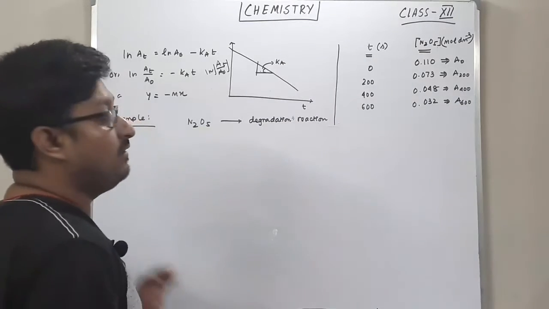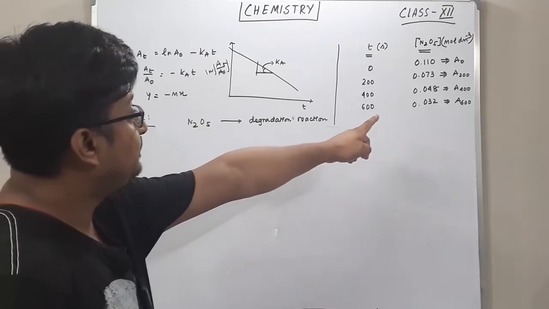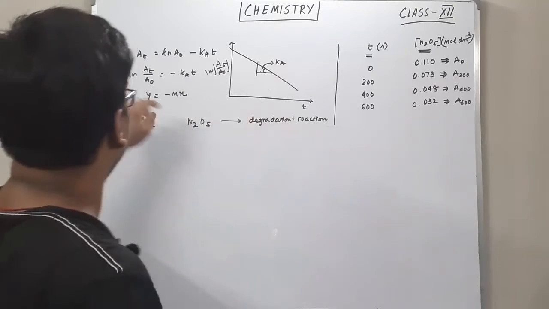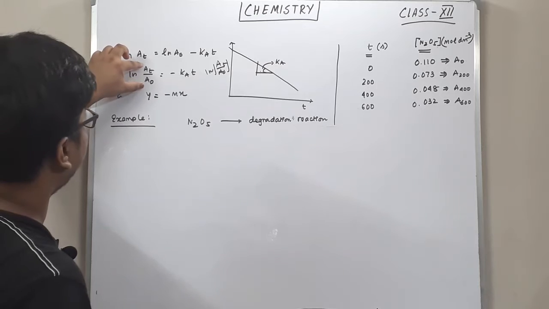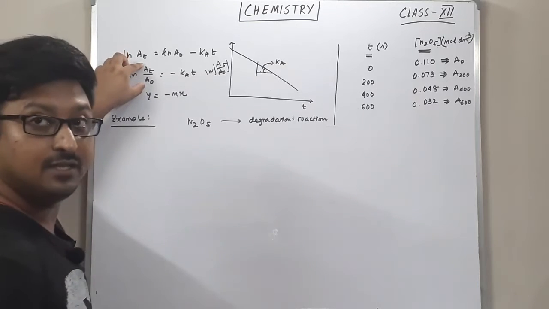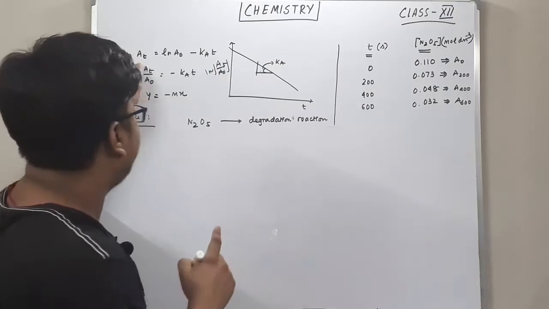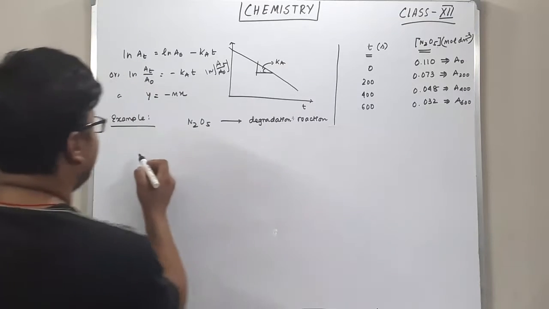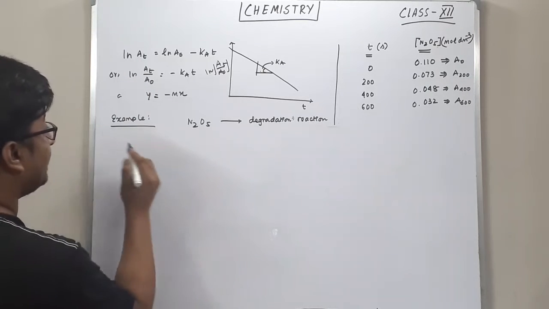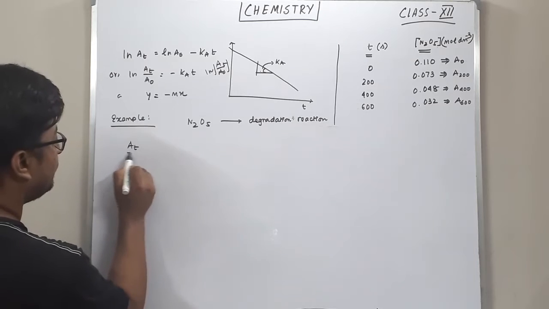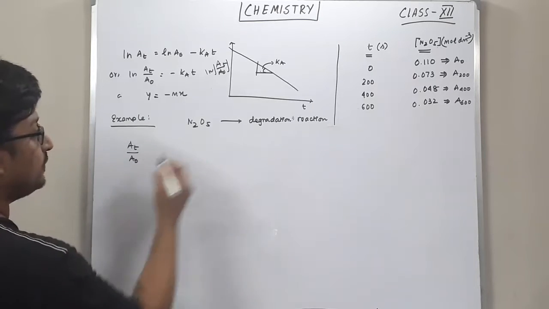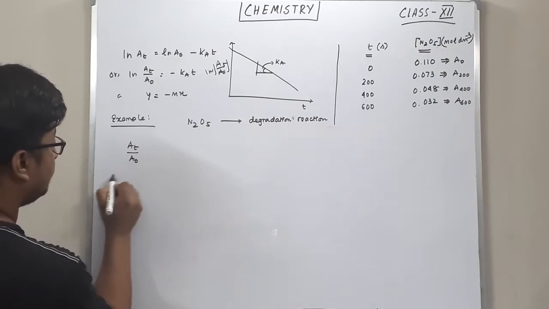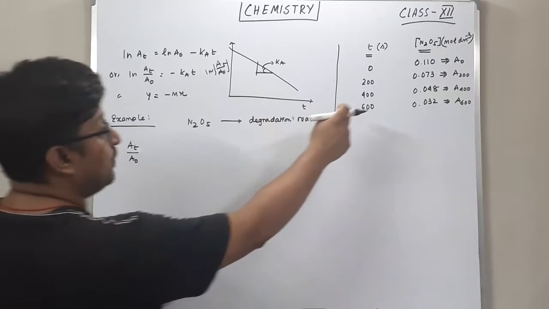Now what will I do here? I will calculate this AT by A0 value, because this is my Y. Let's do that. So what will be my AT by A0? I will get here 3 points.